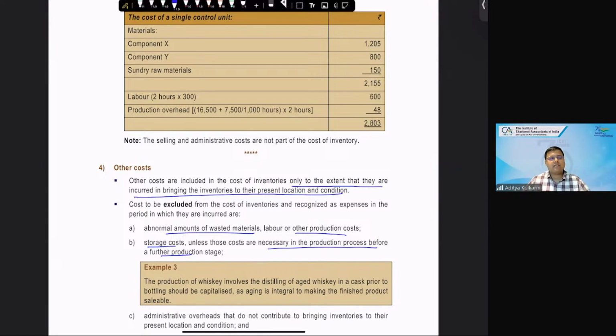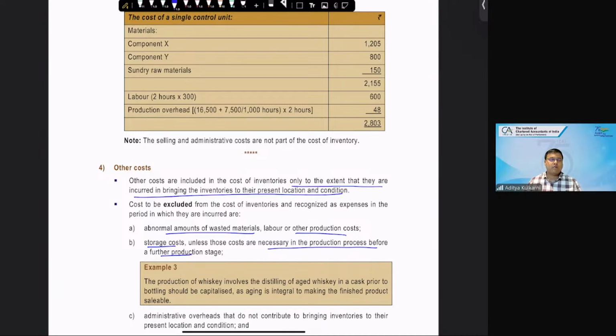The aging of the underlying item, whether it is fermented rice or grapes, is critical. Therefore, the production of liquor or whiskey involves storing the distilled item in a cask for a long period of time. So there you will include the storage costs in the product cost.